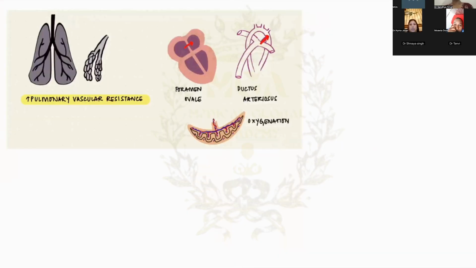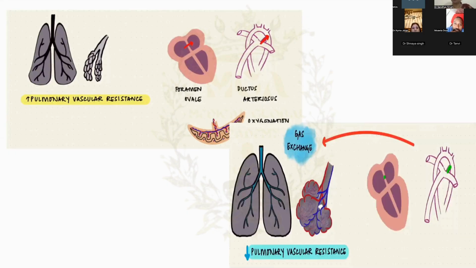Okay. Now, what happens at birth? We know during intrauterine life, our lungs are not functional because the pulmonary vascular resistance is very high. All the oxygenation is done by the placenta. And we have conduits like foramen ovale and ductus arteriosus, which are the shunts that help in passing the oxygenated blood to the fetus. But as the baby cries after birth, the lungs expand.